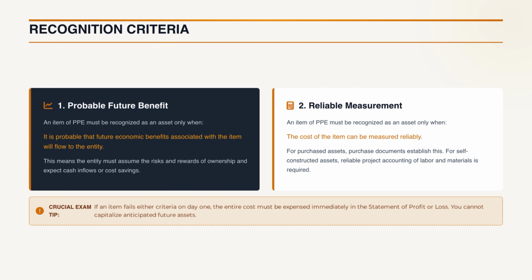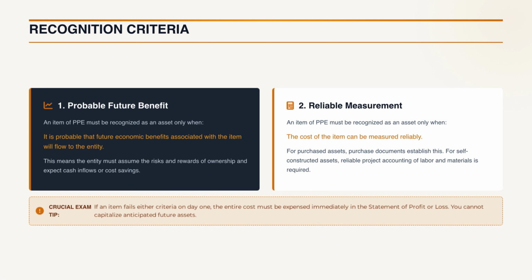Once we establish that an item falls under the PPE definition, when do we actually record it on our statement of financial position? To recognize an asset, it must satisfy both recognition criteria on day one. First, it must be probable that future economic benefits associated with the item will flow to the entity. This means you have clear control of the asset and can expect cash inflows or operational cost savings.